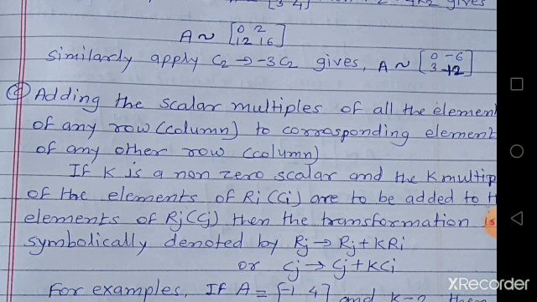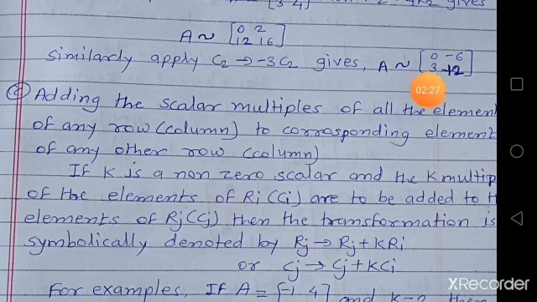It means if k is a non-zero scalar and the k multiple of the elements of Ri or Ci are to be added to the elements of Rj or Cj, then the transformation is symbolically denoted by Rj implies Rj plus kRi, or Cj implies Cj plus kCi.